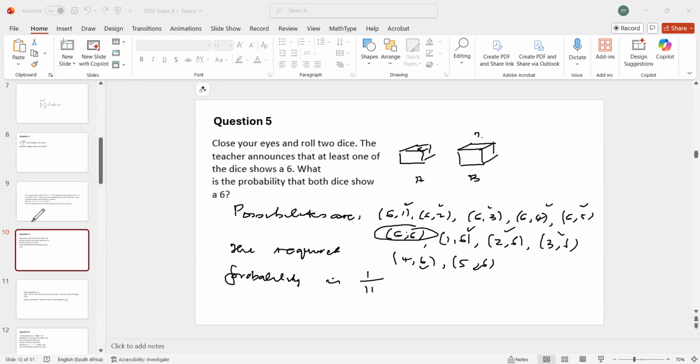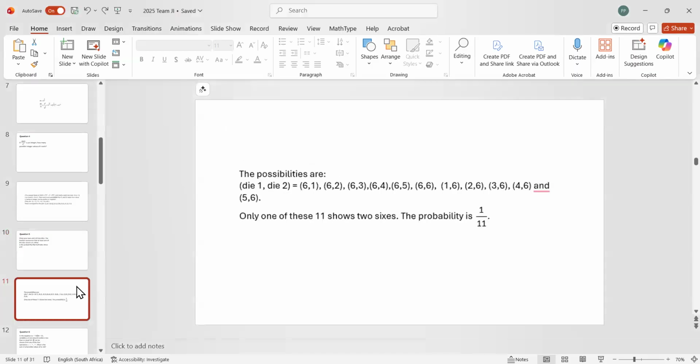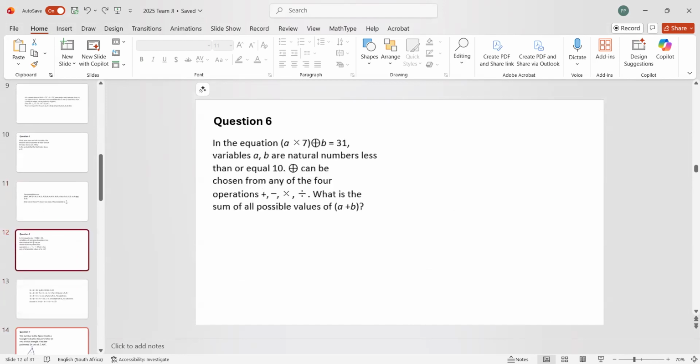Okay, so that's how you do that problem. And if you just check to see whether this is the answer that we got, yes. So we got the same answer, 1 in 11. Okay, so let's get to the next question, which is question 6.